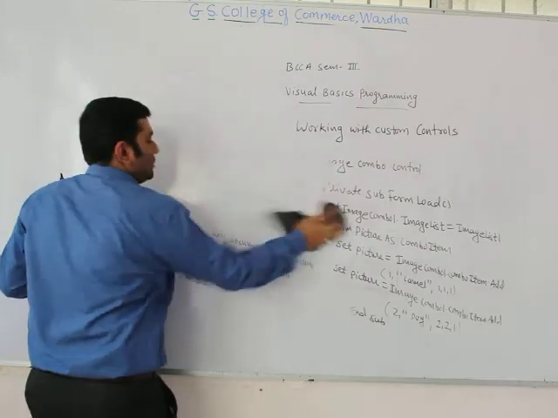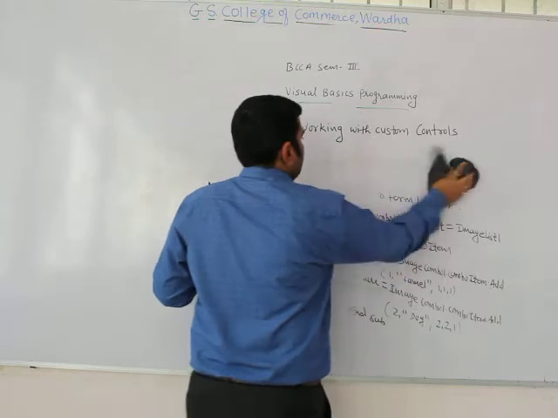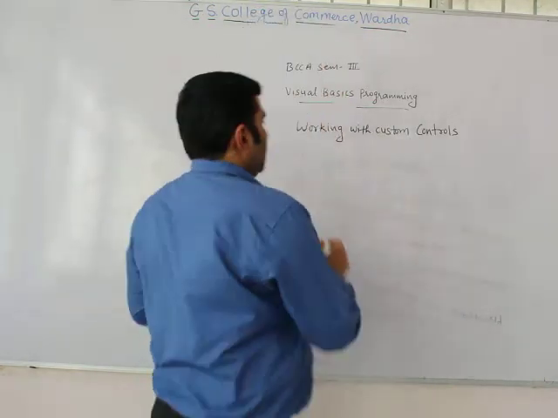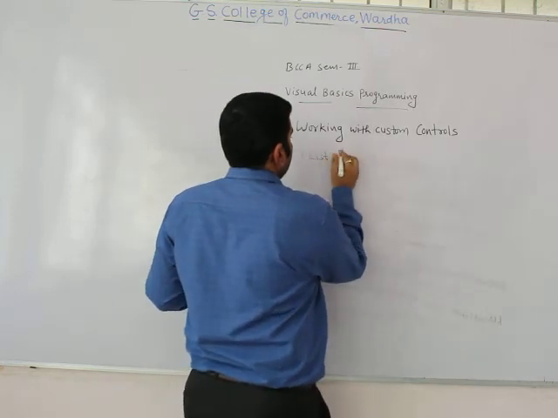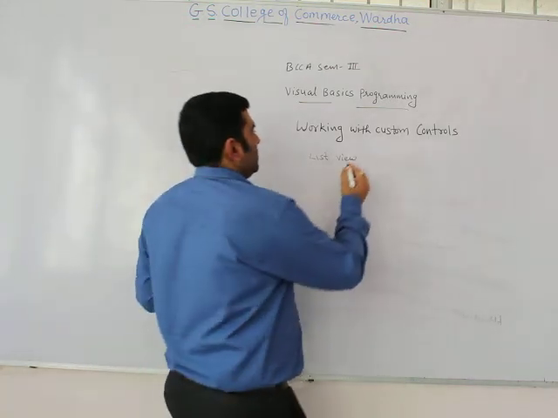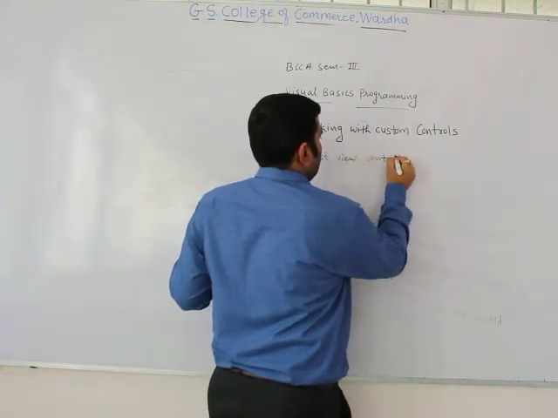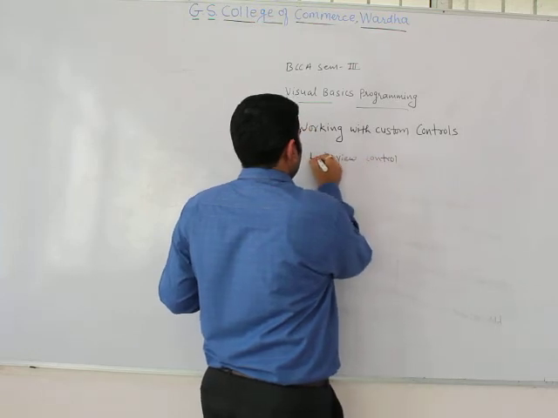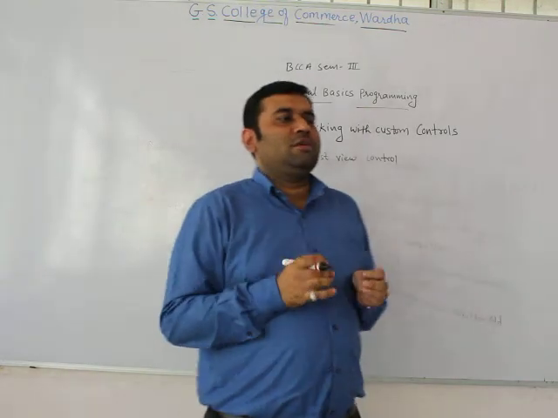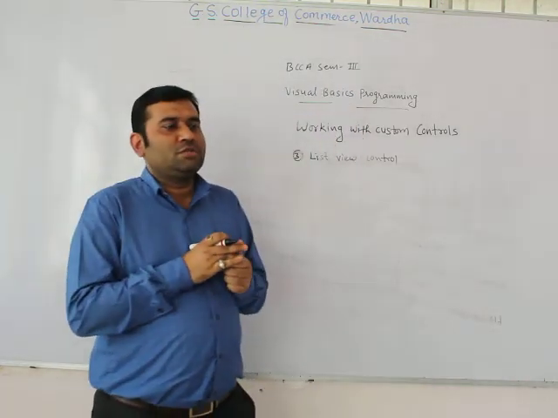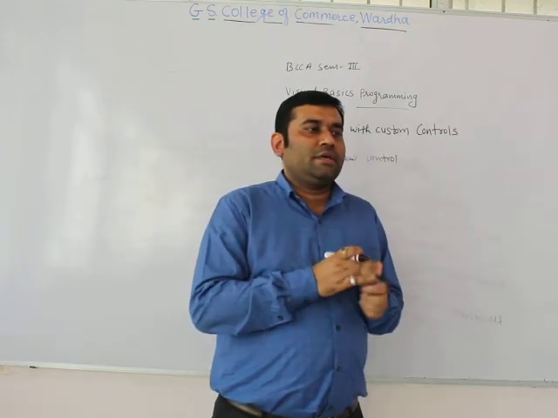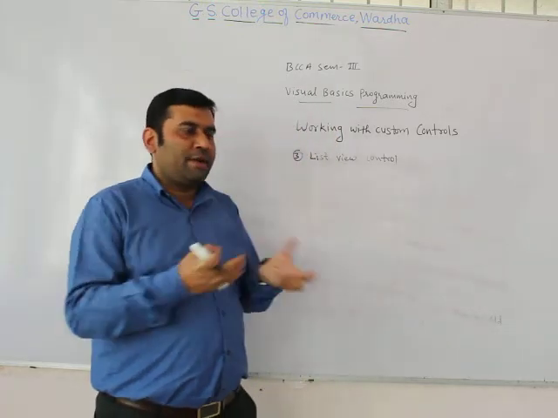Next control is list view control. List view control is used to display the result of a query, display all the records in a database table, and display an expanded view of a tree view control.